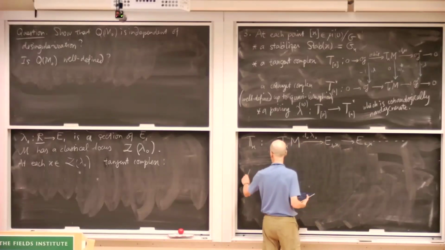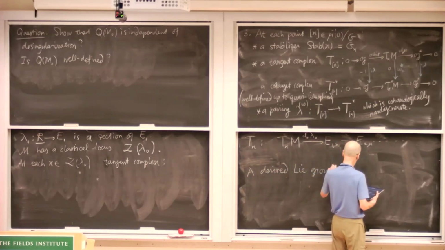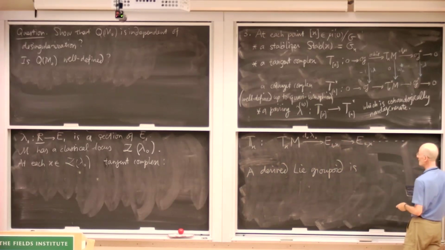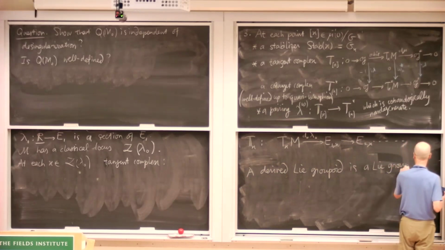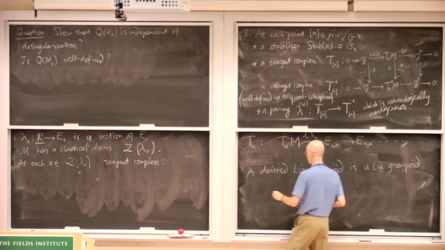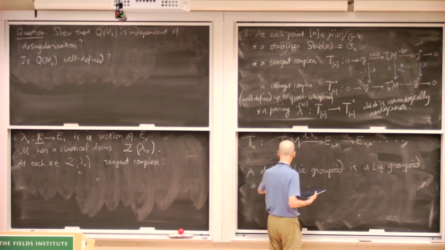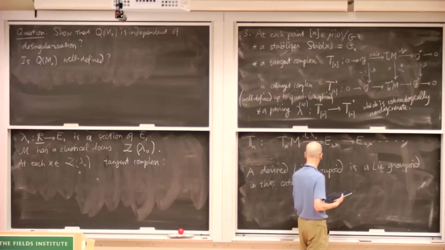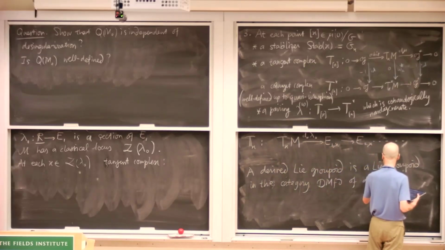So the derived Lie groupoid is just a Lie groupoid object in the category of derived manifolds.